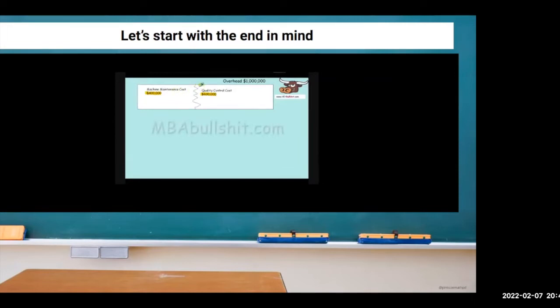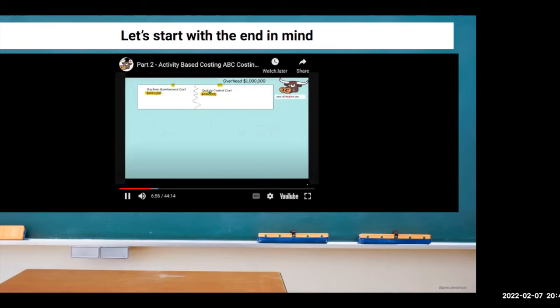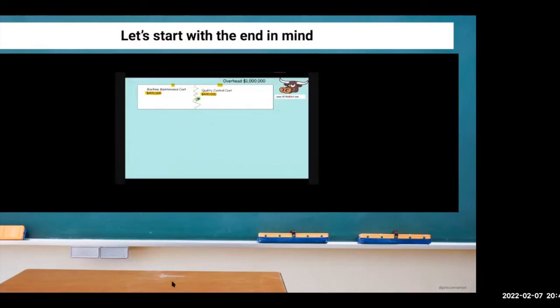You also notice that I made this side a bit smaller and this side a bit bigger, because $400,000 is smaller than $600,000. So it has a smaller part of the $1 million. Okay? That's just to make it easier to visualize.